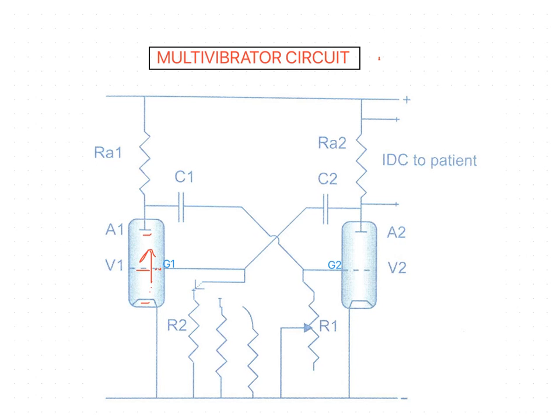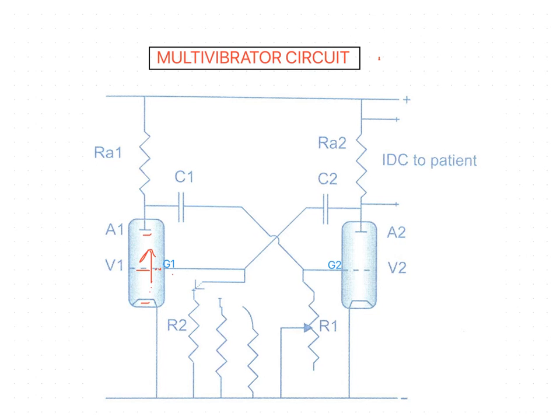If a sufficiently strong negative charge is applied to the grid, the current across the valve ceases, while if the grid loses this negative charge, the current flows again. For this reason, the triode valve acts as a switch in the circuit, based upon the charge given to the grid. Please keep this in mind, because based on this we are going to study the multi-vibrator circuit.